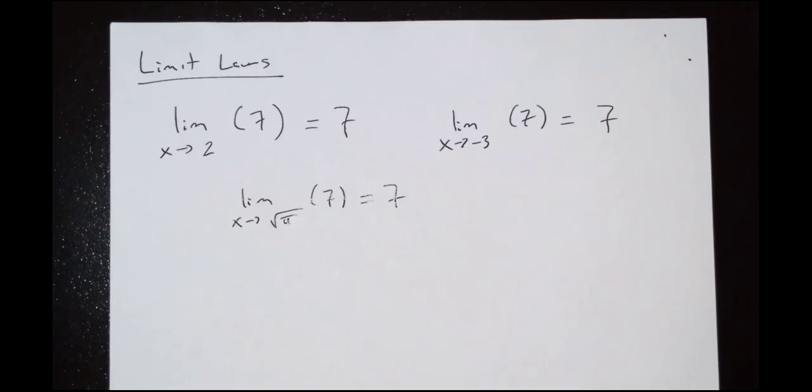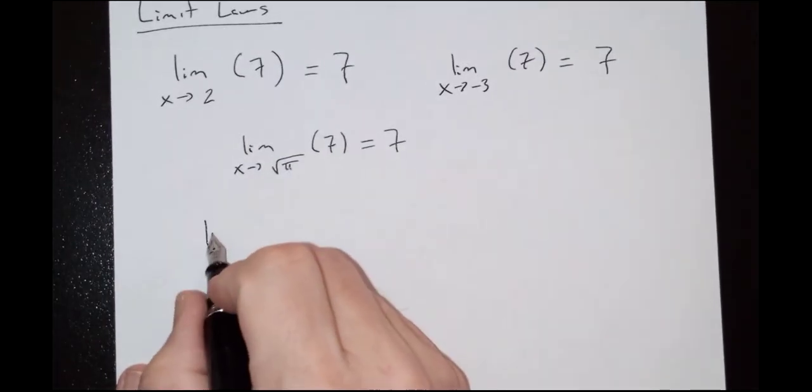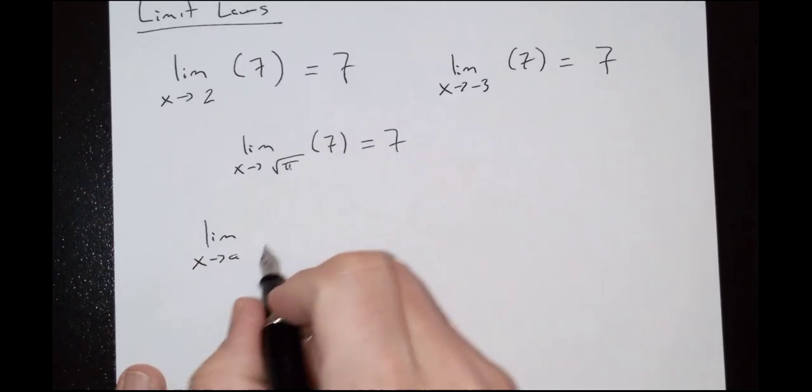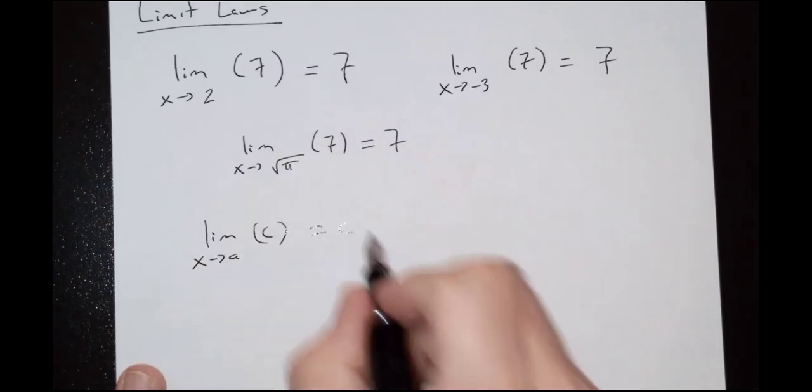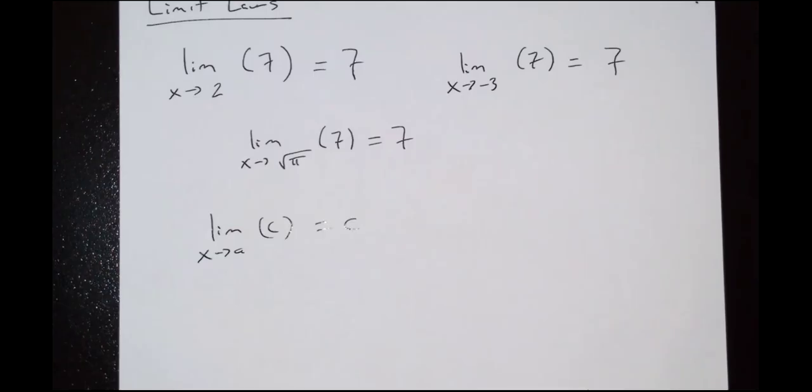The y values don't change at all. The x is basically irrelevant here. And I'm going to generalize this, and I'm going to say the limit as x approaches a of any constant c is that value c.